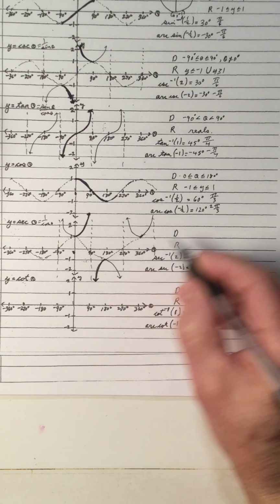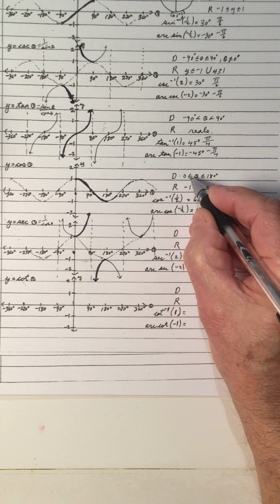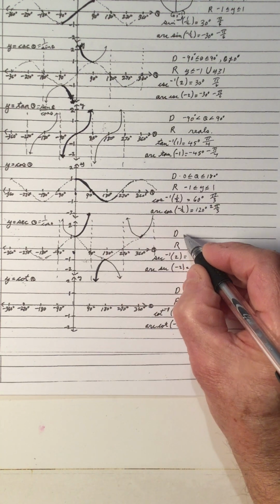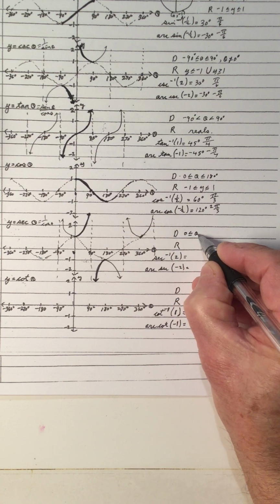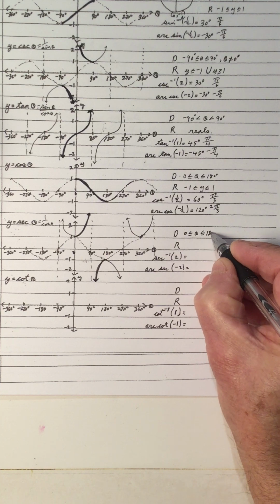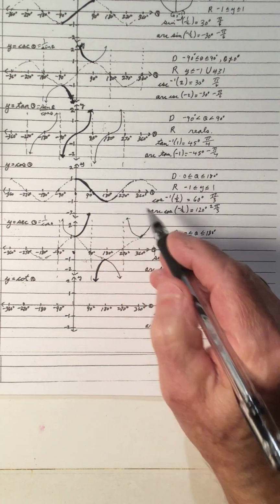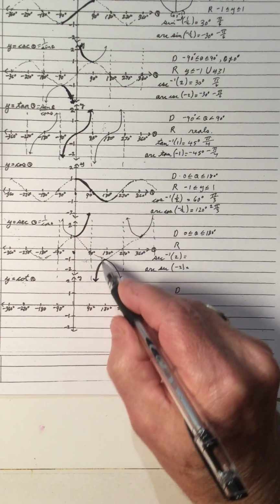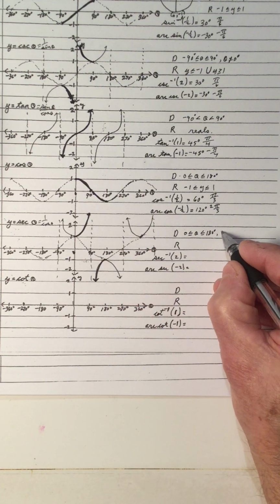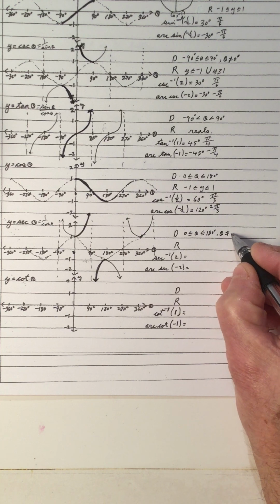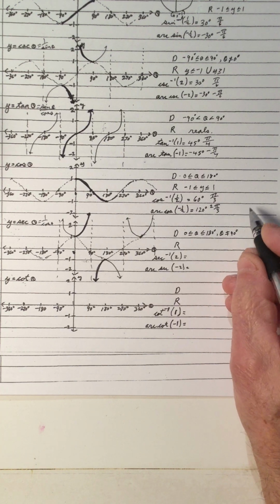And that means the domain is the same as here. It's 0 less than or equal to theta less than or equal to 180. The only difference is that I can't have a 90 here because this is a vertical asymptote. So that means theta is not equal to 90 degrees.